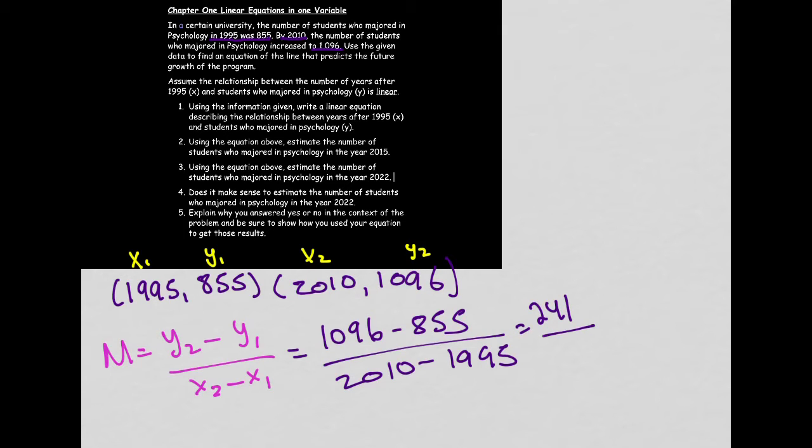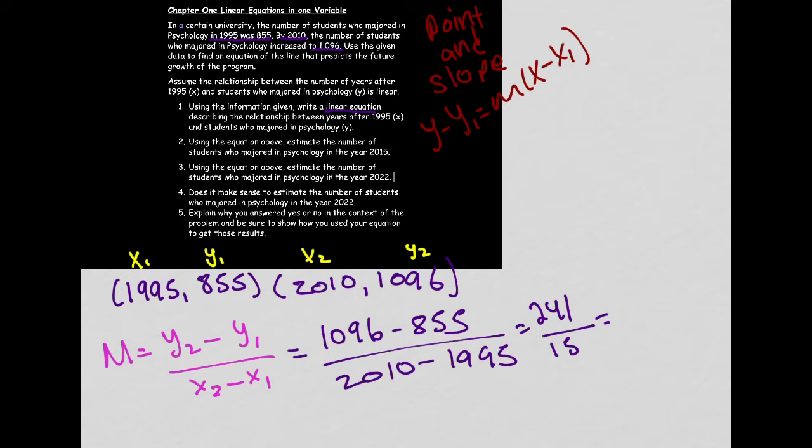Well, they want us to write a linear equation. In order to write a linear equation, you need a point and the slope. So you can use the point slope formula to write the equation of the line. Well, if you notice, we have 2 points. What we're missing is the slope. So what we need to do is use the slope formula to find the slope.